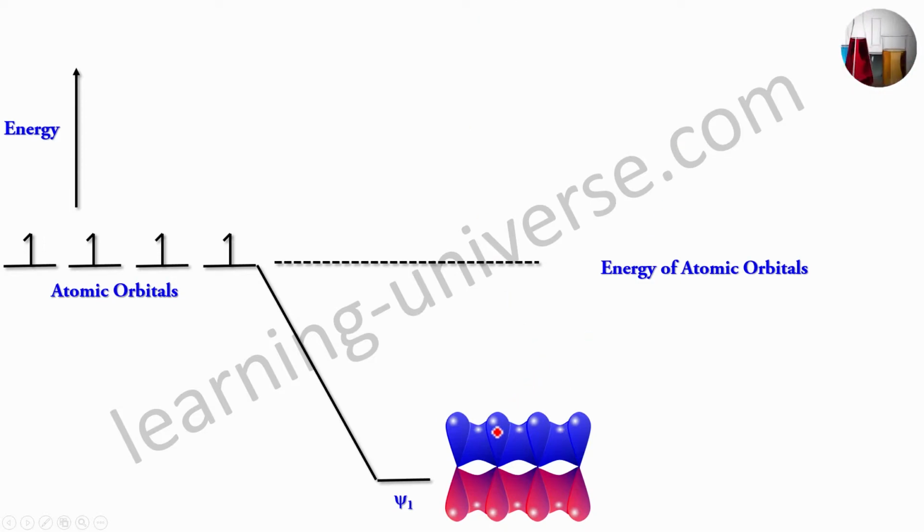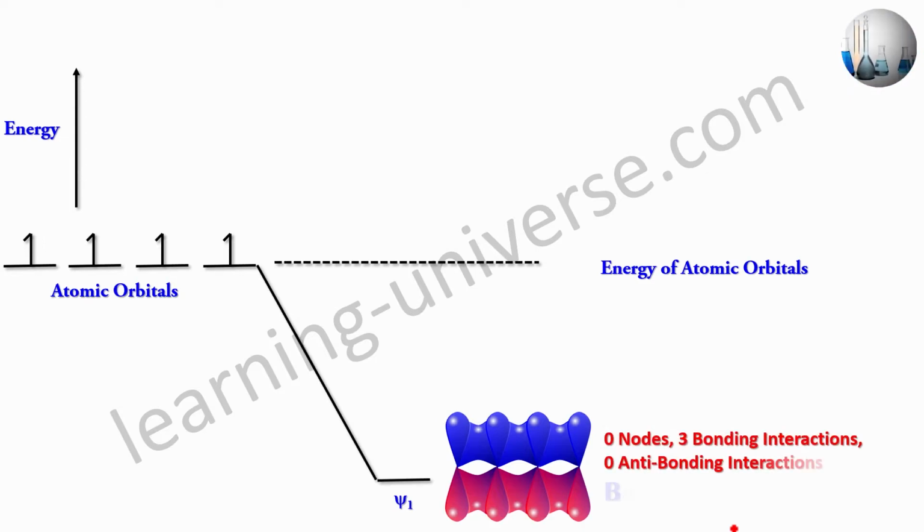So, blue meeting blue and red meeting red is called one bonding interaction. Don't take it as two. So, one bonding, two bonding, and three bonding. So, there are three bonding interactions, and there are no anti-bonding interactions here. So, there are no nodes. Nodes, you can assume, are the points where destructive interference occurs. So, 0 nodes, 3 bonding interactions, 0 anti-bonding interactions.